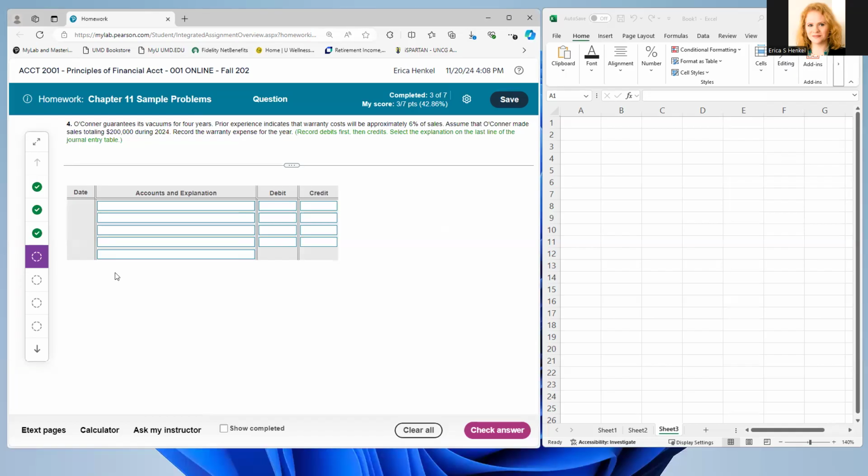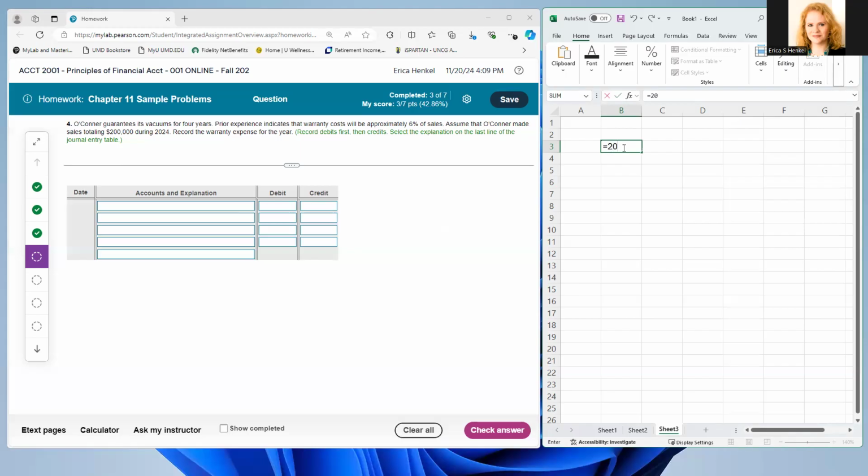Now, we're going to record our warranty expense for the year. Because we have an amount that we feel is probable that we will incur, which is the 6% of sales, and we can estimate it, we are going to record it at the same time as the sales, following the matching principle of matching expenses with the revenues they're associated with.